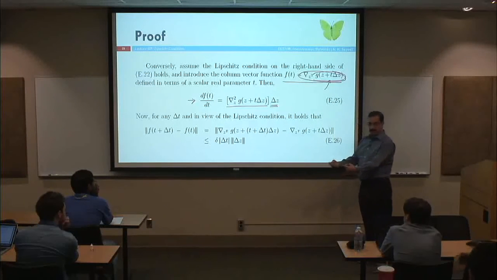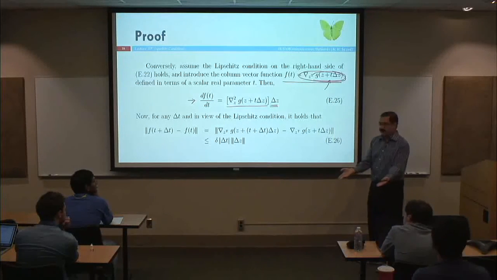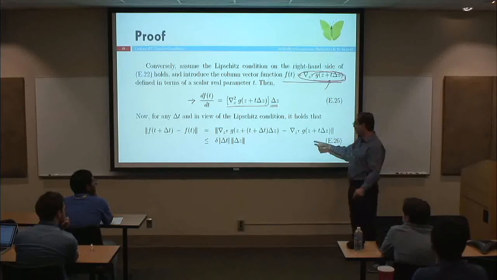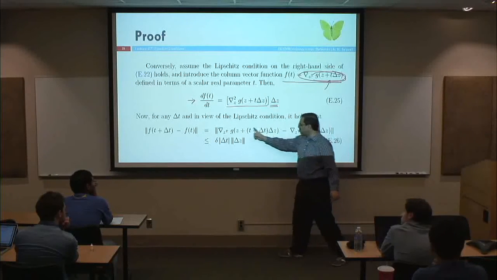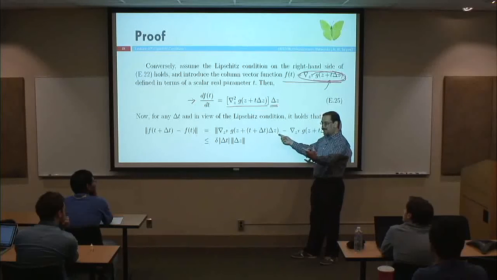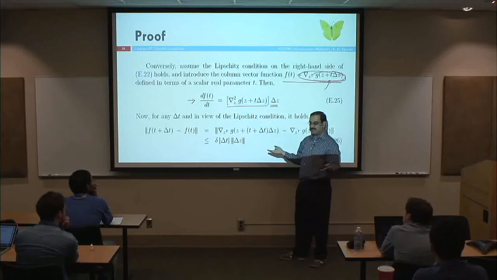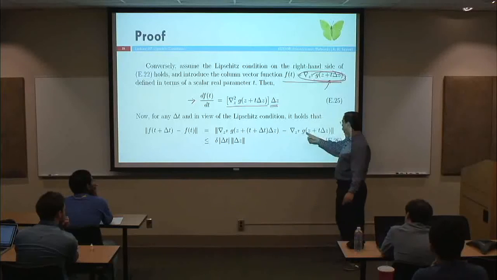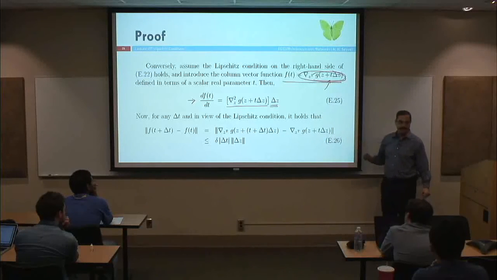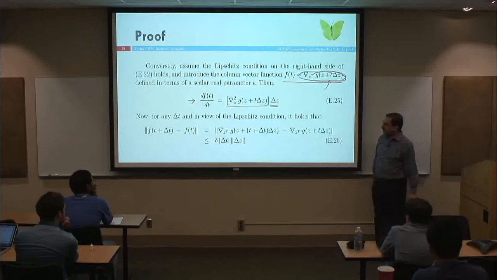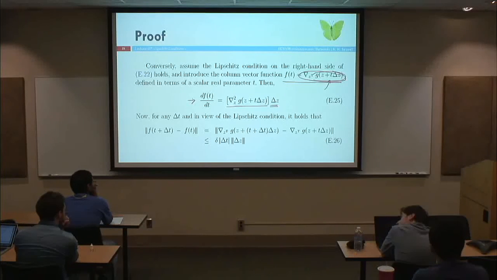But the function, by assumption, is Lipschitz. The gradient is Lipschitz, right? So this is the gradient at one point, this is the gradient at a displaced point. So this will be upper bounded by delta times the size of the displacement. The size of the displacement is what? Delta t, delta z. That's the difference, right? So if the gradient is Lipschitz, I know so far that this is upper bounded by that.